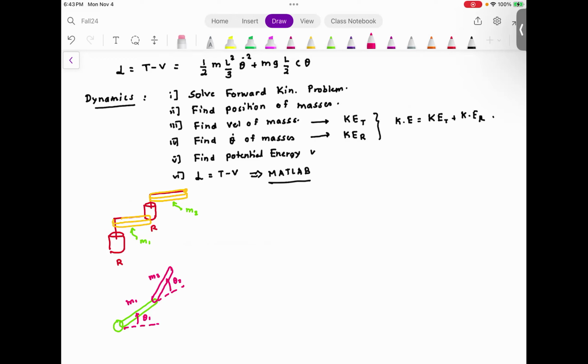First and foremost, to solve this problem, we have to solve the forward kinematics problem. The forward kinematics problem is the same as before: you assign the coordinate systems, and we have solved this problem multiple times.